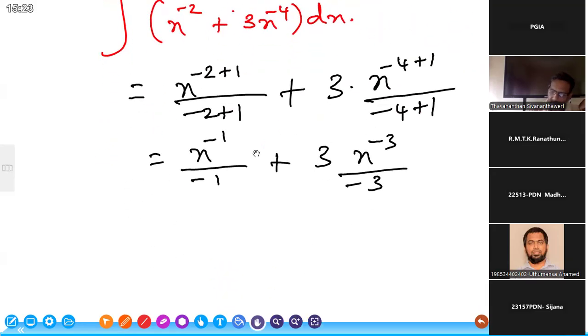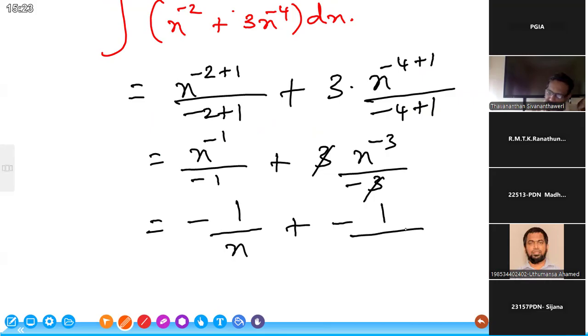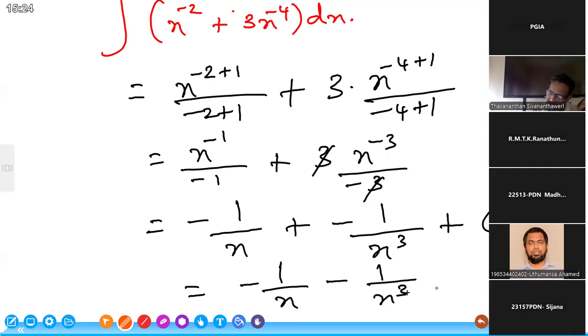So that is equal to x to the power minus 1 divided by minus 1 plus 3 into x to the power minus 3 divided by minus 3. Right? That is equal to minus 1 over x, plus here the 3 cancels off, minus 1 over x to the power 3 plus c.